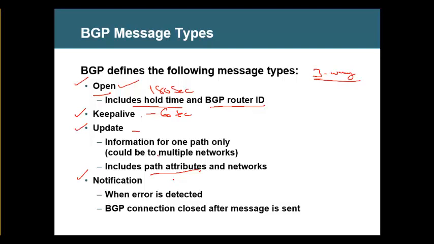Without update, the routes can't be distributed. The open message will not carry route information. Keepalive will not carry route information. It is only the update that carries the route information.